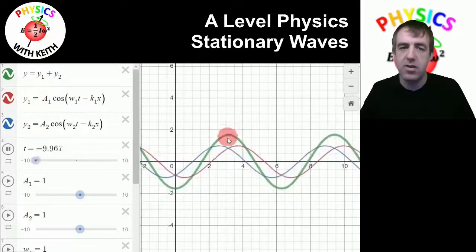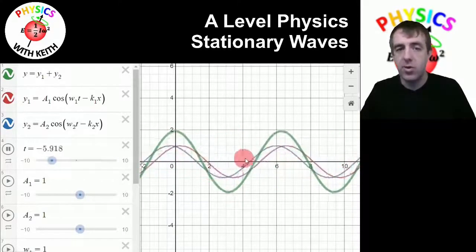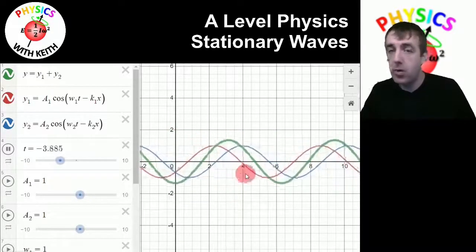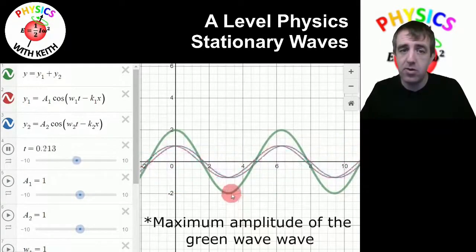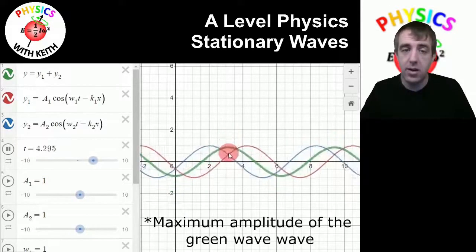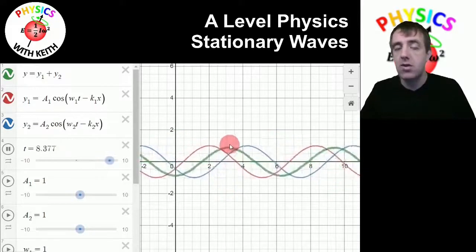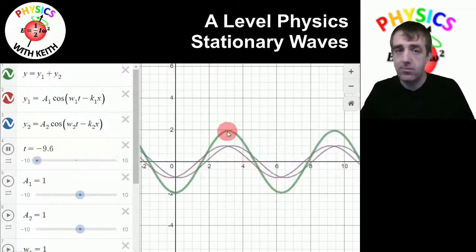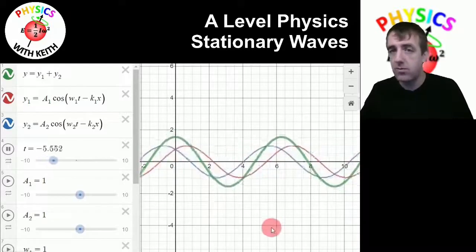So this green wave has an amplitude on this scale of 2, because the blue wave has an amplitude of 1, and the red wave has an amplitude of 1. We add those two amplitudes together, we get the amplitude of the green wave, the resultant of these two waves added together. This point where the amplitude is at a maximum is called an antinode, and there are points all along evenly spaced between the nodes.